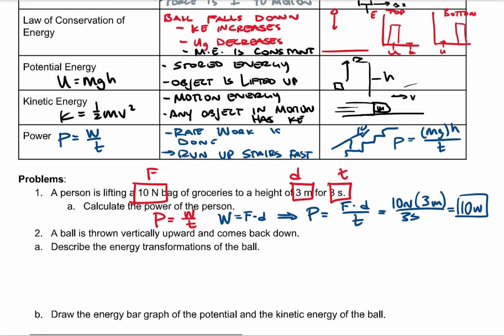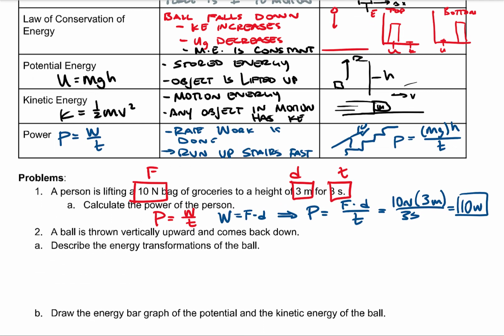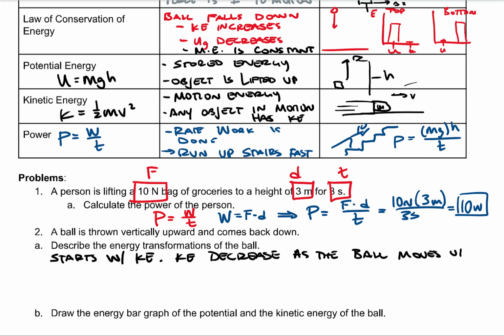A ball is thrown vertically upward and comes back down. Describe the energy transformations of the ball. Well, it's going to start with kinetic energy. Kinetic energy is going to decrease as the ball moves up, and potential energy increases.